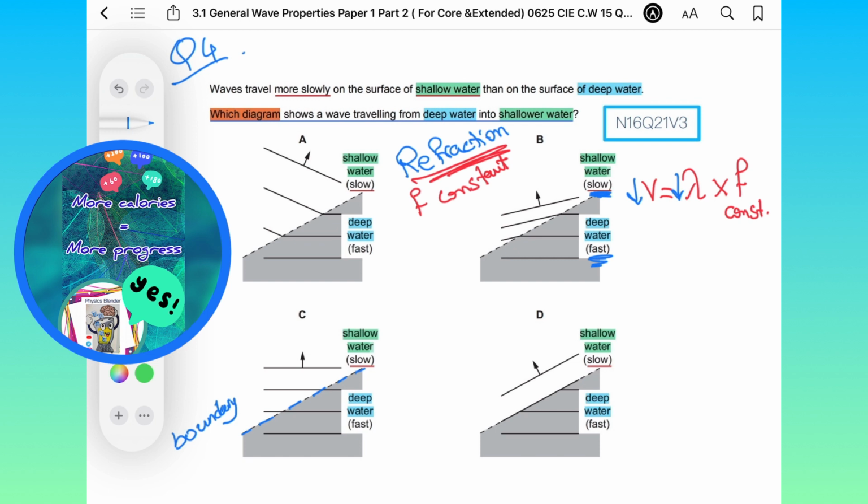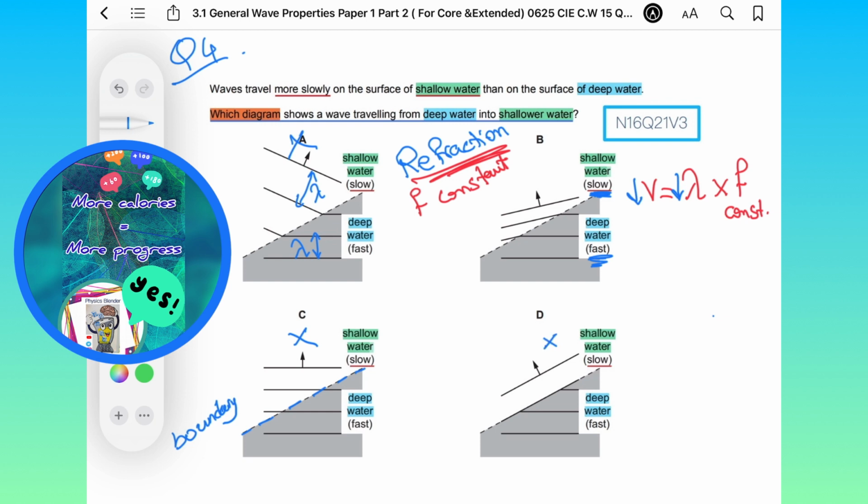How will the waves behave here? We can exclude some answers, so it will be easier for you. In shallow water, the wavelength will be shorter. Here the wavelength is greater than in deep, so it is excluded. Here, no change. Here also, no change.